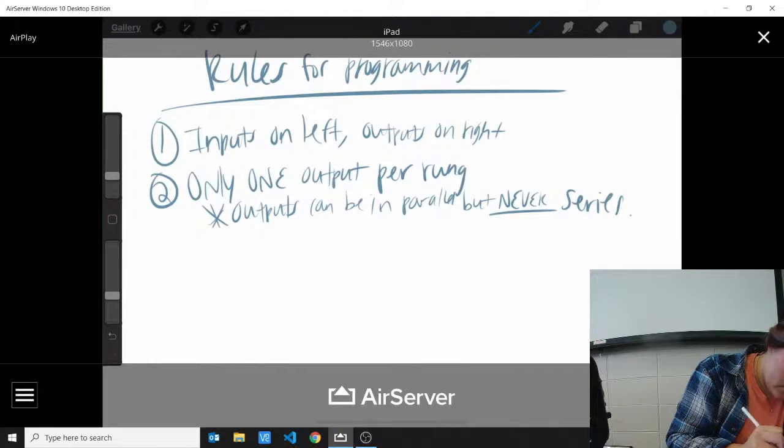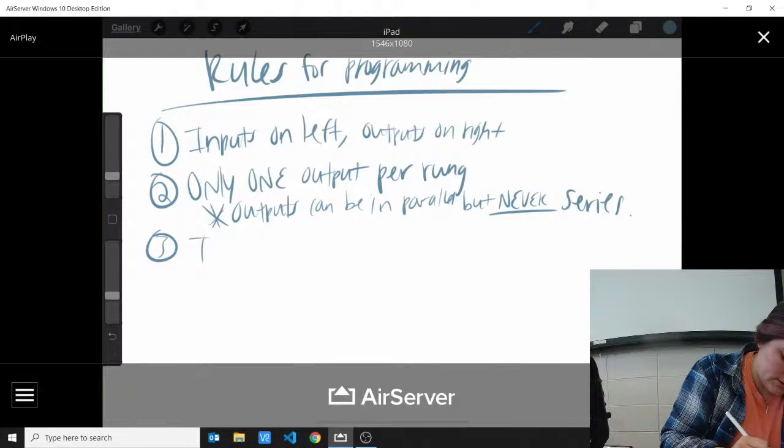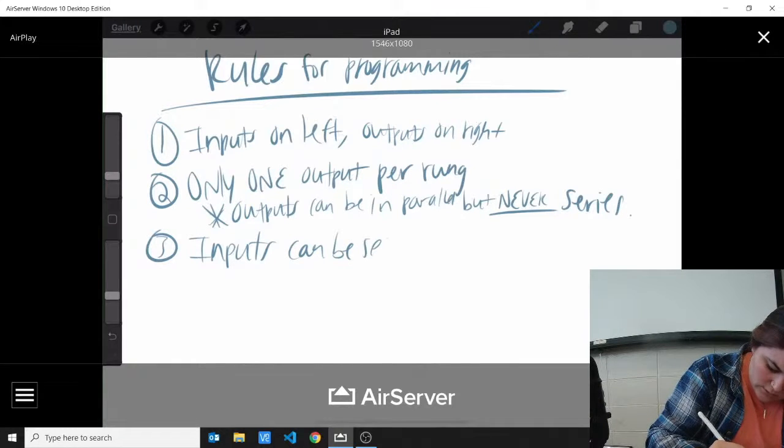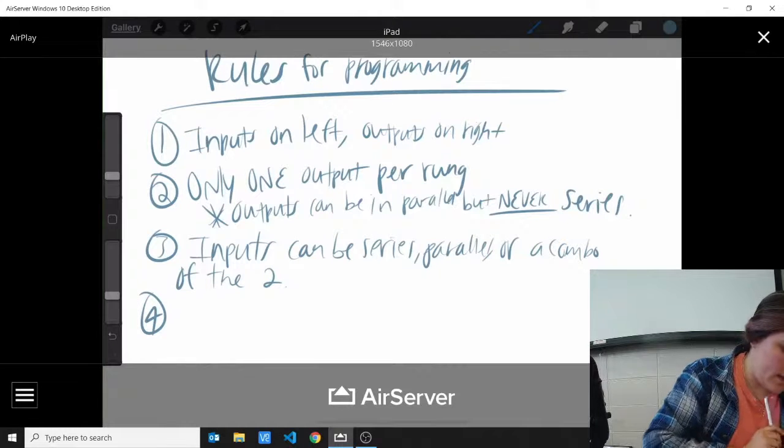Alright. Moving on to 3. Inputs can be placed in series, parallel, or series-parallel combinations. Inputs are a little bit easier. So inputs can be series, parallel, or a combo of the two. Alright, 4. Inputs can be programmed at multiple locations in the circuit. The same input can be programmed as NO and/or NC at multiple locations.